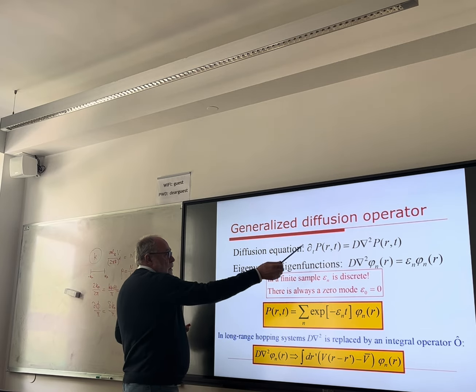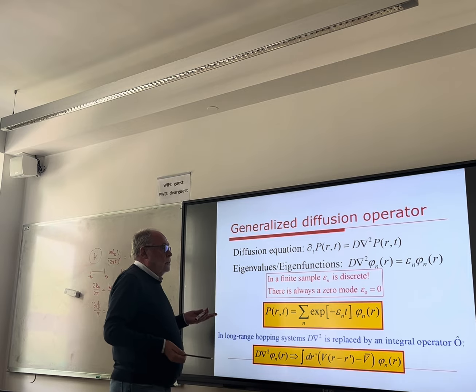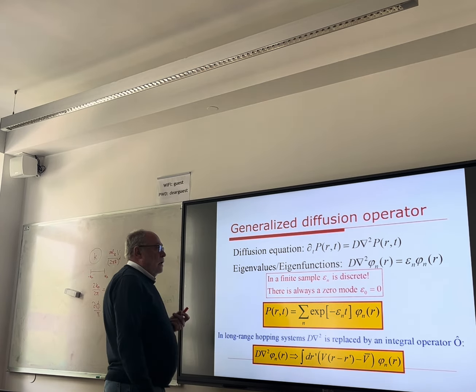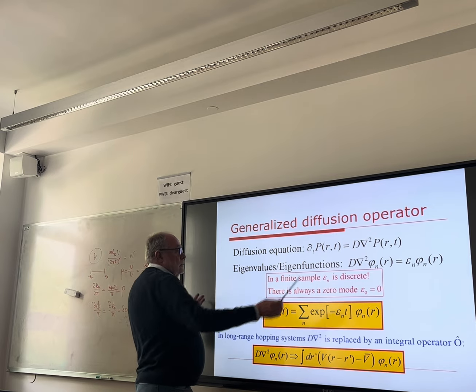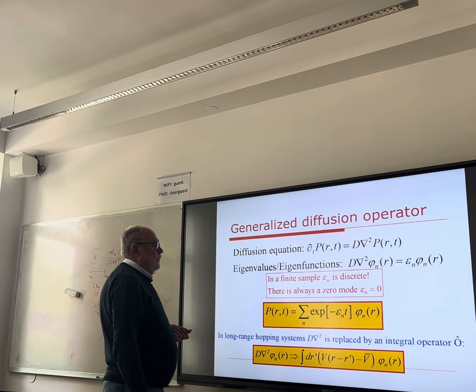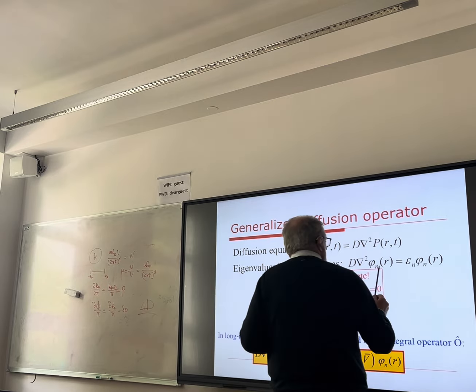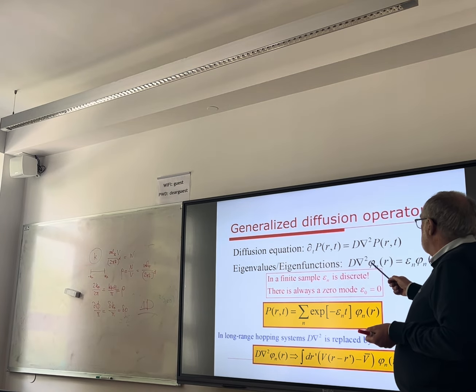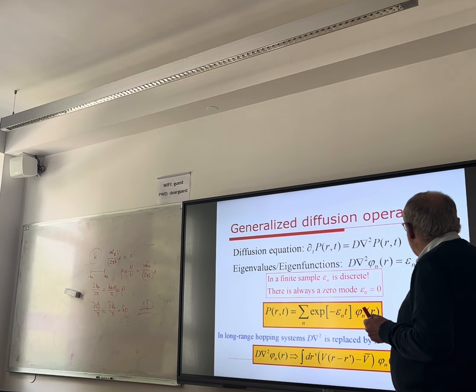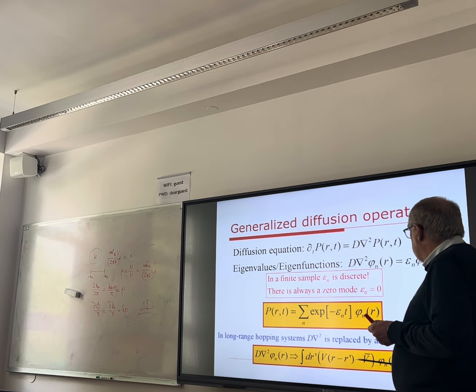Anyway, now we are not talking about the Schrödinger equation, we are talking about the diffusion equation. So, of course, like in the Schrödinger equation, you can find eigenfunctions and eigenvalues. And for usual diffusion, we immediately find that eigenfunctions are exponentials in time and in space, and eigenvalues are Dk squared.